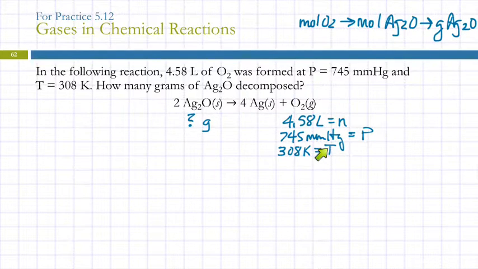But this is a gas, and we're given the volume, the pressure, and the temperature, so we can use the ideal gas law to find the moles of oxygen from the pressure, the volume, and the temperature. Okay, this is not P, it's V. So we're going to take P, V, and T and find the moles.